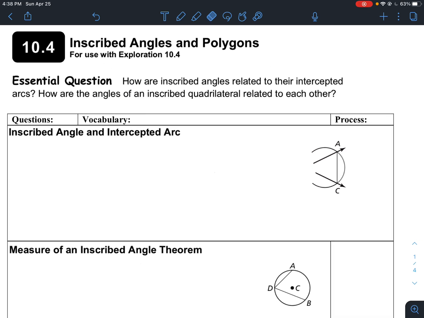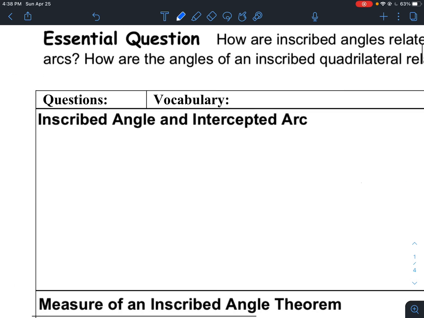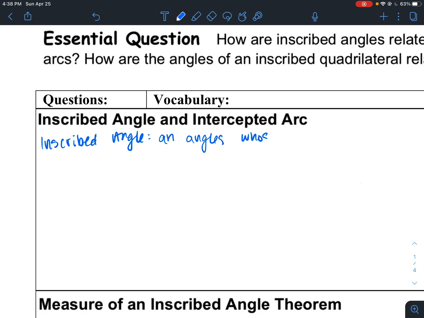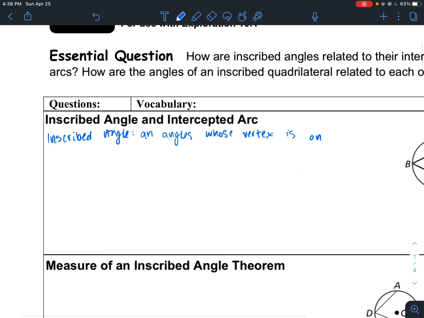Okay, so an inscribed angle is an angle whose vertex is on a circle, and whose sides contain chords of the circle.